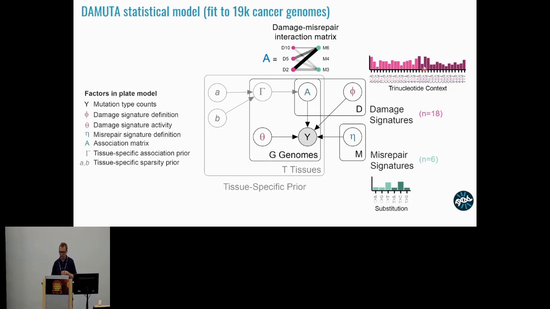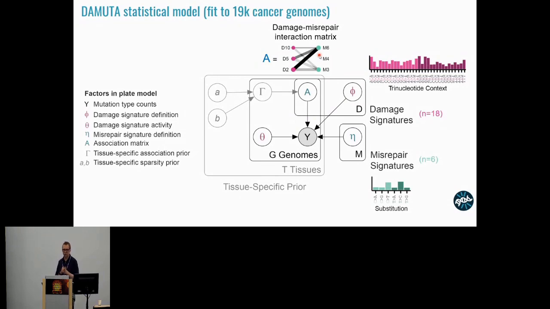In the middle of this, and I think this is an important part, and this was also in RepairSig, is the damage misrepair interaction matrix. There's the activity of a damage signature, which tells you what proportion of mutations are due to each damage signature. And then this tells you, for each damage signature, what proportion of the mutations are associated with an individual misrepair signature. These interaction matrices are estimated separately for every one of these tumors.